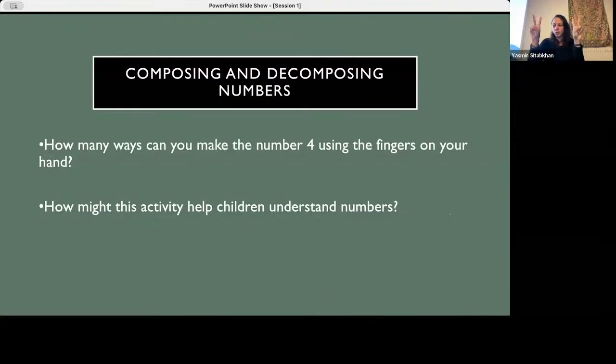Everyone show me 2 and 2. Okay, show me 3 and 1. Does that still make 4? What about 1 and 3? Does that make 4?